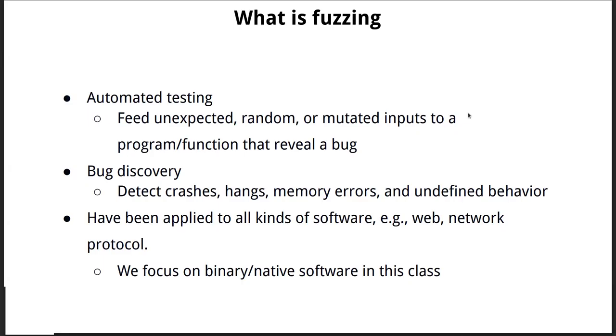We want to design some approach to generate random, unexpected, or mutated input to a program or just to some functions. Those inputs will trigger the program or the functions to malfunction or crash, so it will manifest as a bug.